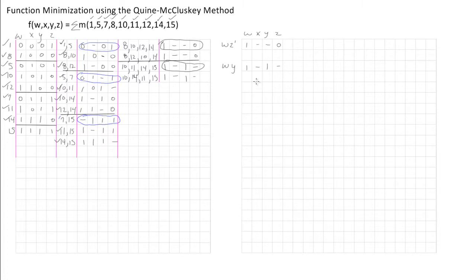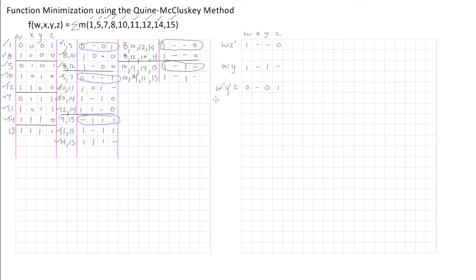And you can see where I'm going with this. Looking at the 1 and the 5, we have 0 dash 0, 1. So W naught, Y naught, and Z. And I'm skipping because of these dashes here. It's the equivalent to a don't care if you're familiar with that term.